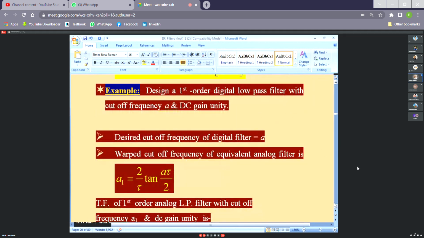You have been asked to design a first order digital low pass filter with a cutoff frequency of small a radians per second, obviously, and DC gain of 1.